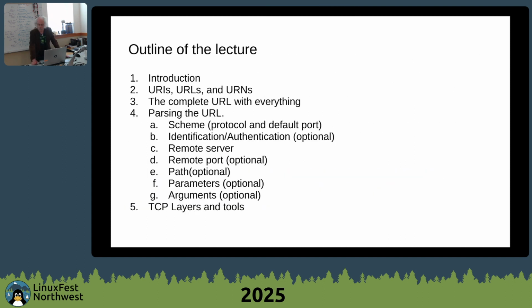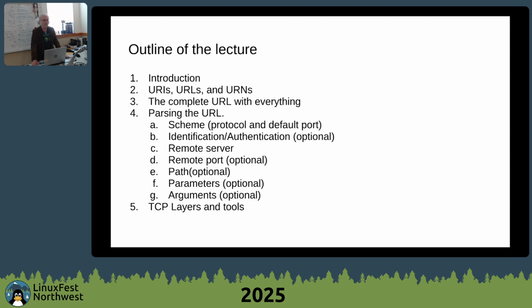So, this is kind of an outline of what I want to talk about. URIs, URLs, URNs are acronyms. You don't see URIs or URNs very much anymore, but you see URLs all the time. So that's there so that if you're looking at some of the older literature, you'll have some idea what they're talking about.